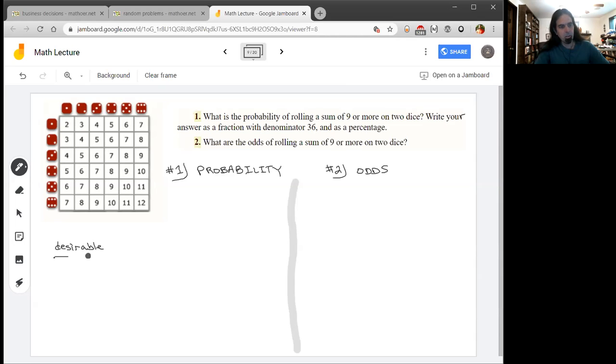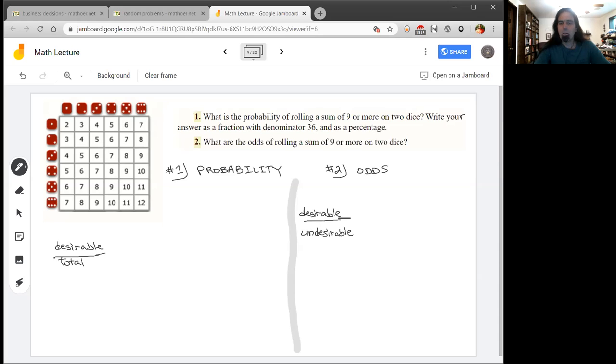The probability will have desirable over total, and the odds will have desirable over undesirable. Okay, help me out.